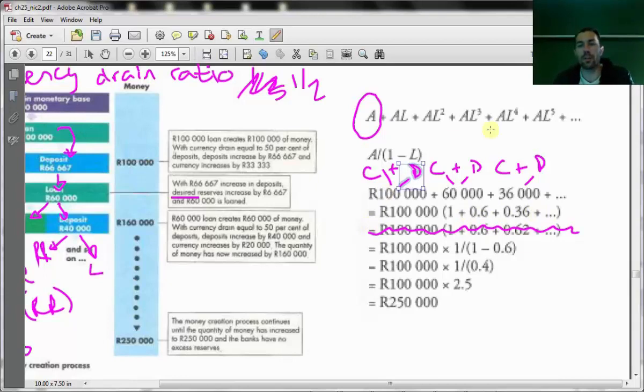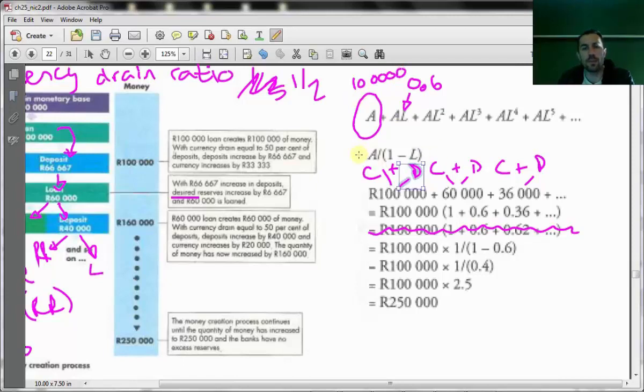So we've got a geometric sequence like we've got here. What is the value of L? The value of L in this sequence is 0.6. So what is the sum of our geometric sequence going to be? It's going to be A, and A in this example is 100,000. L is 0.6.